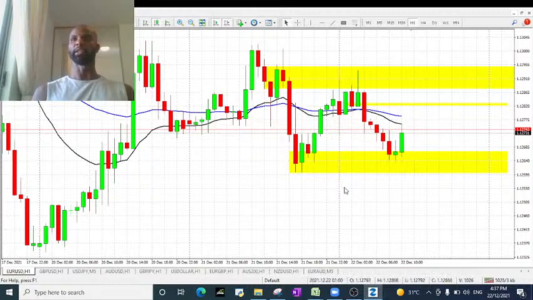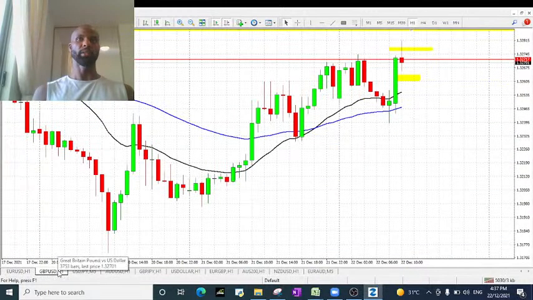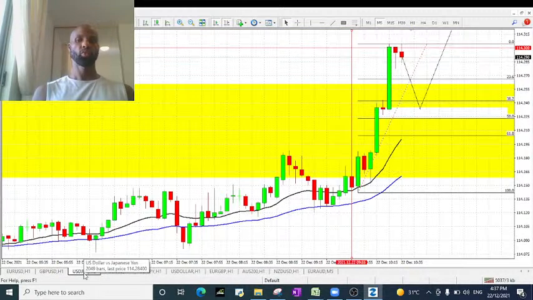Not enough range in the candle. Not enough range. So we just have to wait for this candle to close.